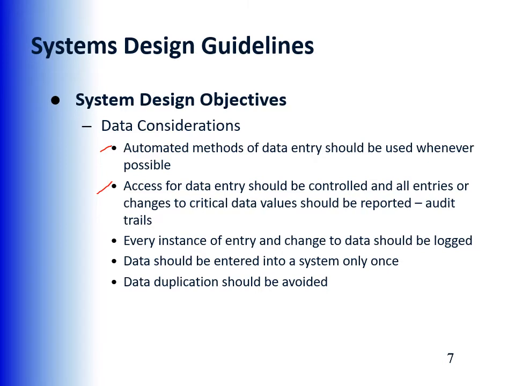Access for data entry should be controlled, and all entries or changes to critical data values should be reported. We call these audit trails. Every instance of entry and change to data should be logged. Data should be entered into the system only once, and data duplication should be avoided. So all these are about data that we have to consider in designing the system.